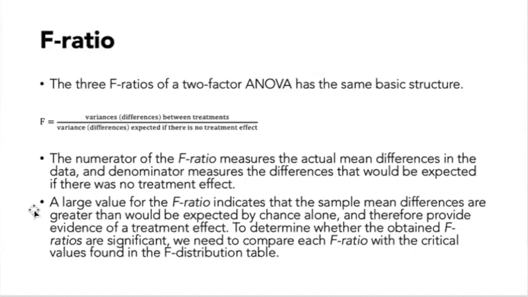Now, first, let's understand what exactly this F ratio test is going to be. The three F ratios of a two-factor ANOVA have the same basic structure: F equals variance between the treatments divided by variance expected if there's no treatment effect.